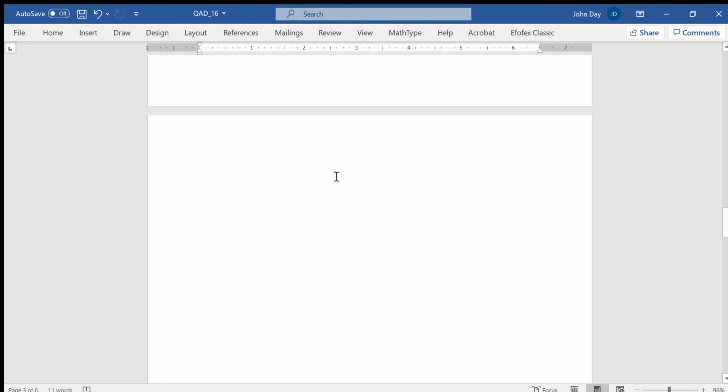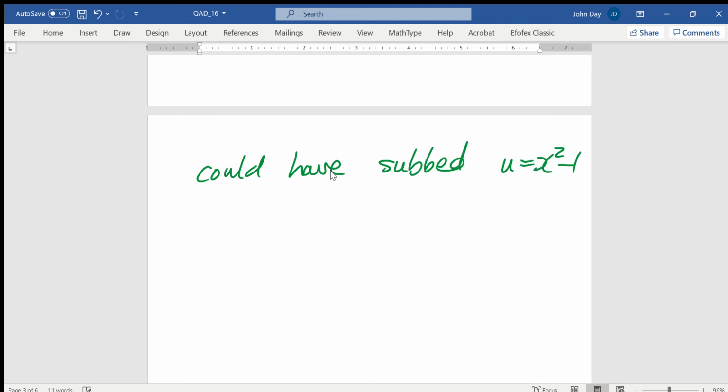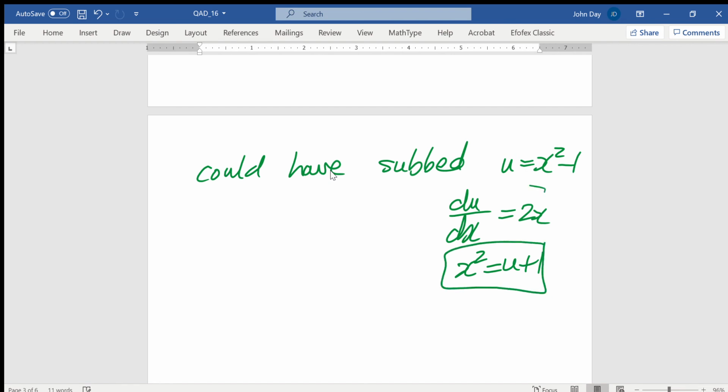You could have substituted u equals x squared minus 1 if you felt like it. Like here, du dx is equal to 2x, and x squared then is equal to u plus 1.